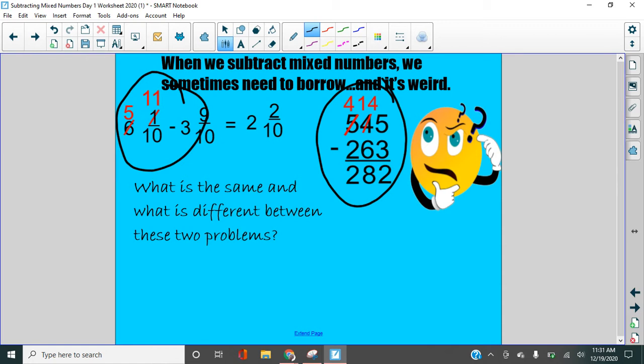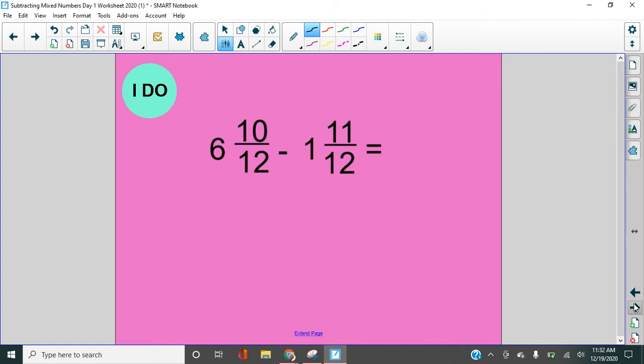An important concept is that we have to identify when we have to borrow and when we don't need to borrow. We've been saying all year, big bottom borrow. Here you had 4 minus 6, big bottom, so we had to borrow. It's going to be the same concept in subtracting mixed numbers.